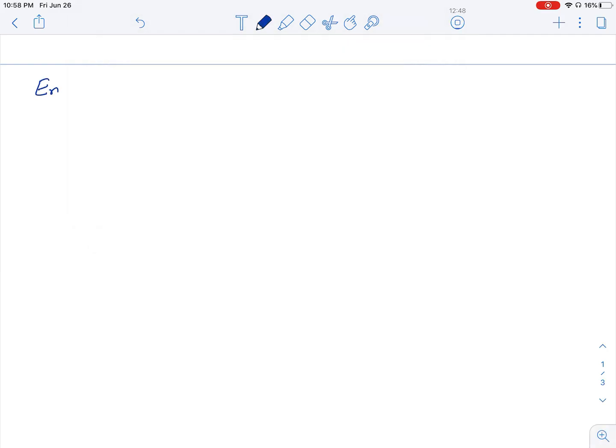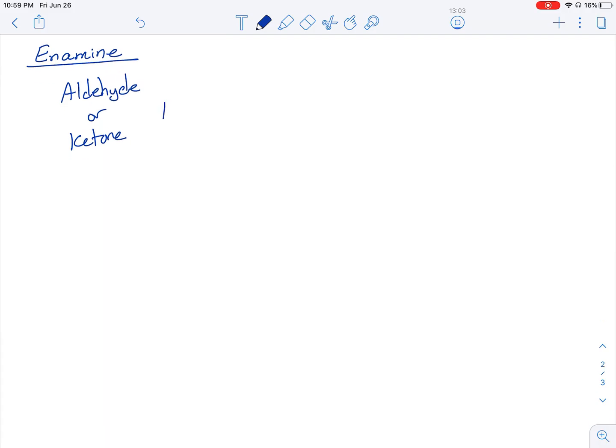The difference is that in this case, we're going to react an aldehyde or a ketone, but not in the presence of a primary amine, in the presence of a secondary amine. And anytime you see this, you should be thinking enamine, right? You should be thinking enamine.